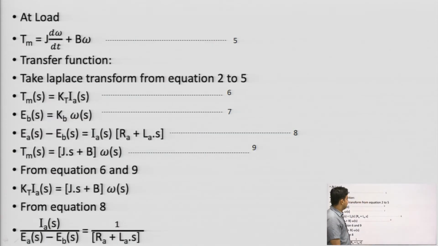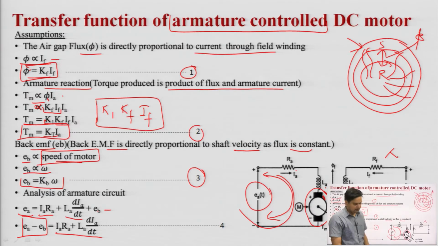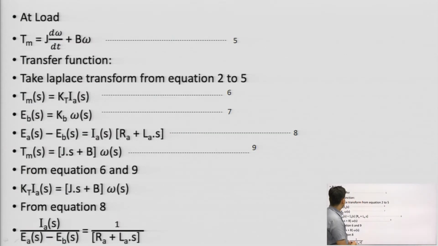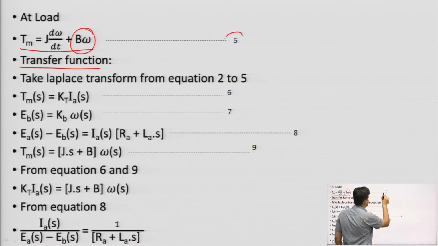Then, if we talk about the load, we connected a load across this motor, and the load mass is given by the inertia J m. The torque would be given by J d omega by dt, and it has a frictional element, the damper B, so B omega will come. Now assume this is equation number 5.